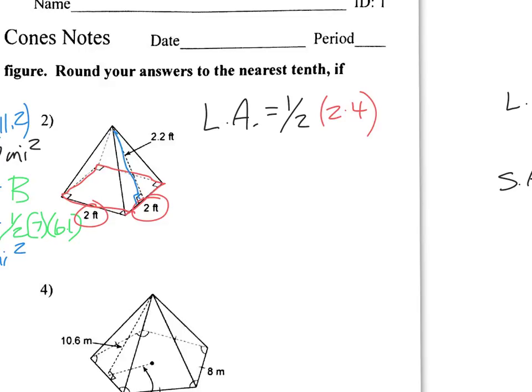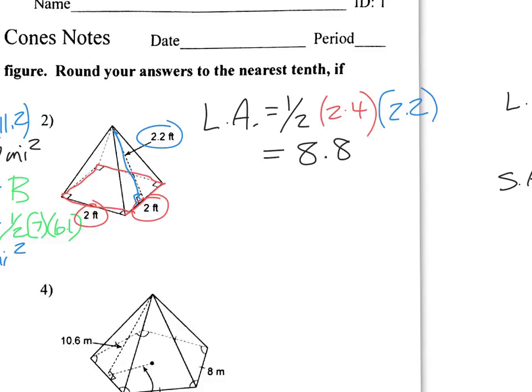It's the slanted height of the figure, which is 2.2. So I'll type all that in on the calculator: 0.5 times 2 times 4 times 2.2, and that gives me 8.8.